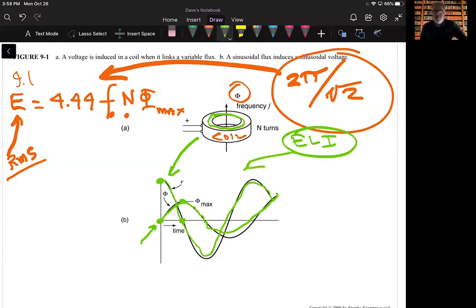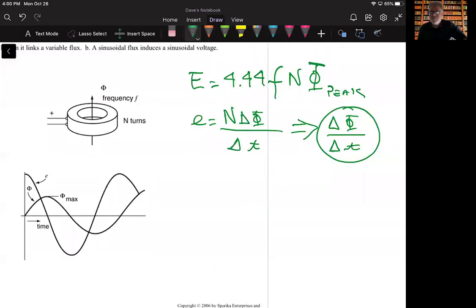All right, so that's our fundamental, our starting point. Wildi tells us that equation 9.1 is actually derived from Faraday's law, where the voltage is equal to the number of turns times the change in flux over the change in time. The number of turns is set, but this is a rate.